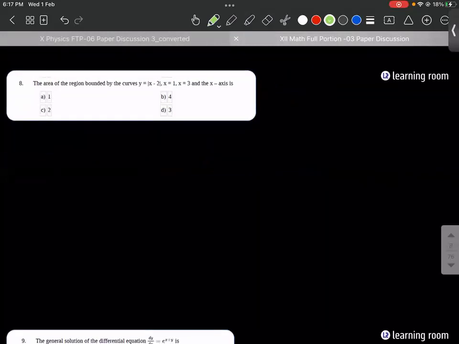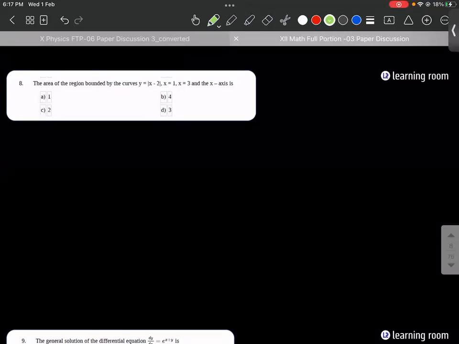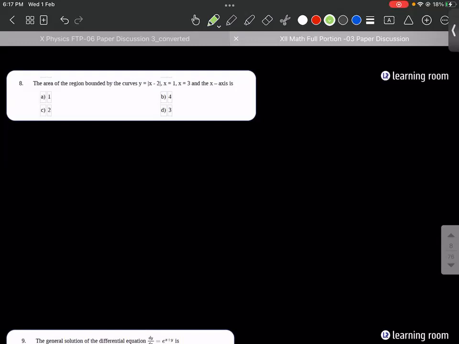Next, the area of the region bounded by the curve y is equal to mod of x minus 2, where x is equal to 1, x is equal to 3, and x axis. So if I take y is equal to x minus 2, x is equal to 0, y is minus 2.